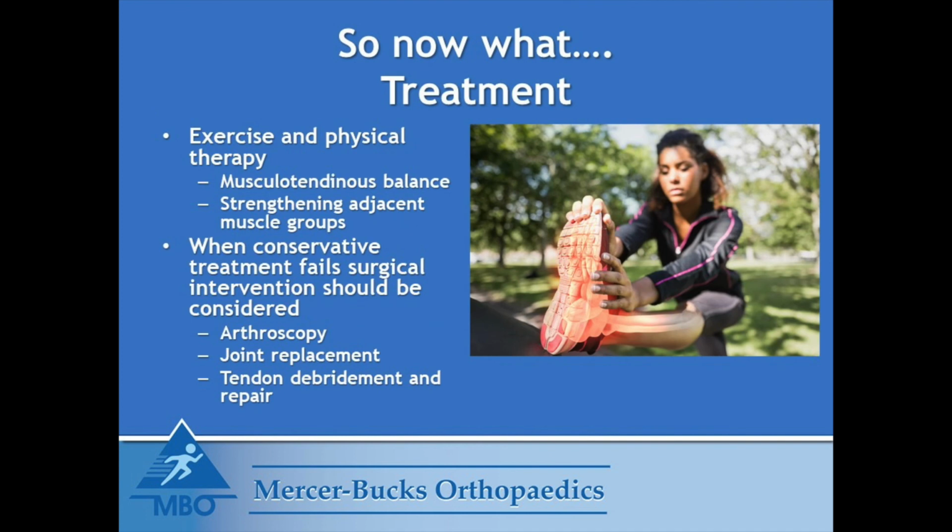Exercise therapy, physical therapy. I mentioned this before for prevention, musculotendinous balancing, and that's strengthening adjacent muscle groups. So if you're somebody that is a pronator and you're rolling in on the instep on the inside of your arch, you can imagine that the structures on the inside are getting bowed and stretched out and they have chronic pressure. The structures on the outside are getting tighter, if you will, and pinched.